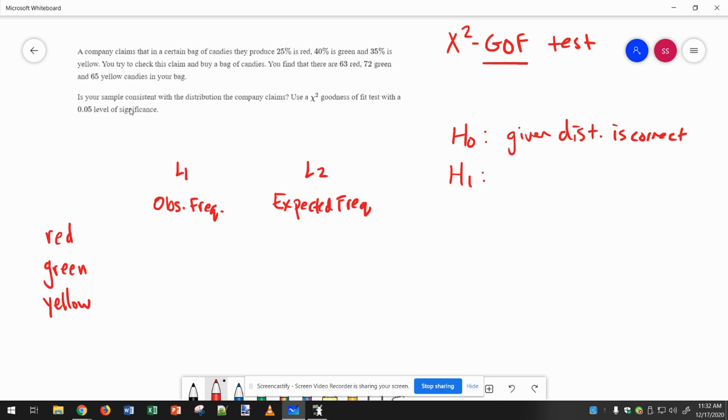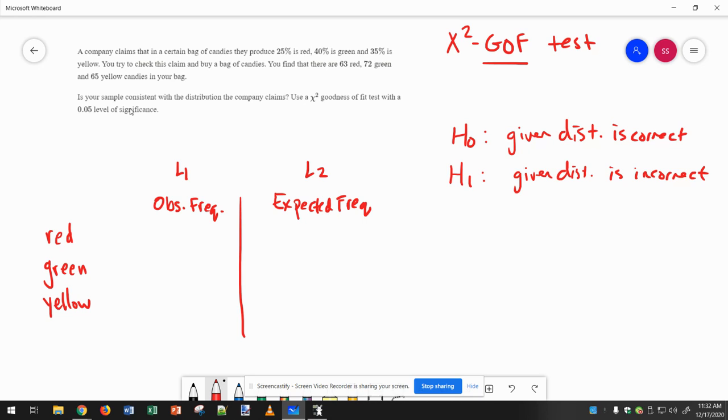Okay, and then the alternative would just be the opposite: the given distribution is incorrect. This is more in context of the candies, but in general, for our alternative hypothesis, we're just saying the observed frequencies are significantly different than what we would have expected.